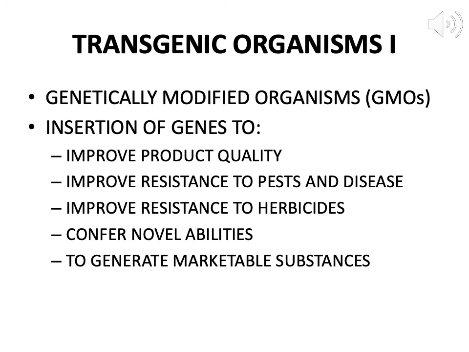I could confer novel abilities on the organism. For example, I could create a transgenic bacterium that collects gold, that is elemental gold, from material within which it's living. And it's possible. Now, sometimes I can actually generate a transgenic organism to crank out marketable substances.